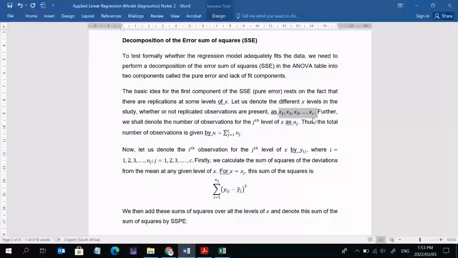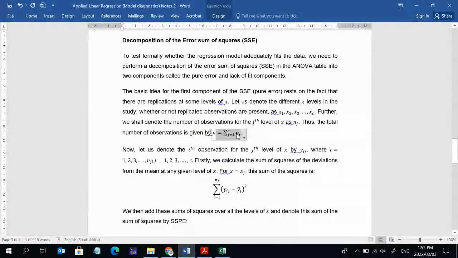The values of y associated with x equal to 2, we had 2. For the second level, x equal to 4, we also had 2 replicates. But for the last one, x equal to 6, which is the third level, we had 1 replicate.